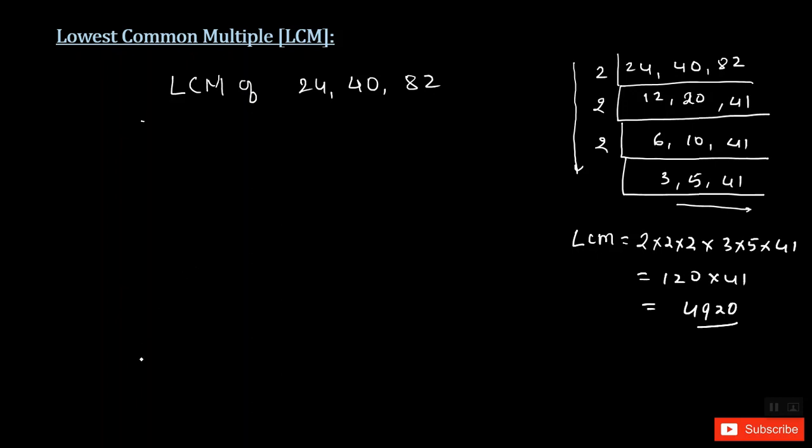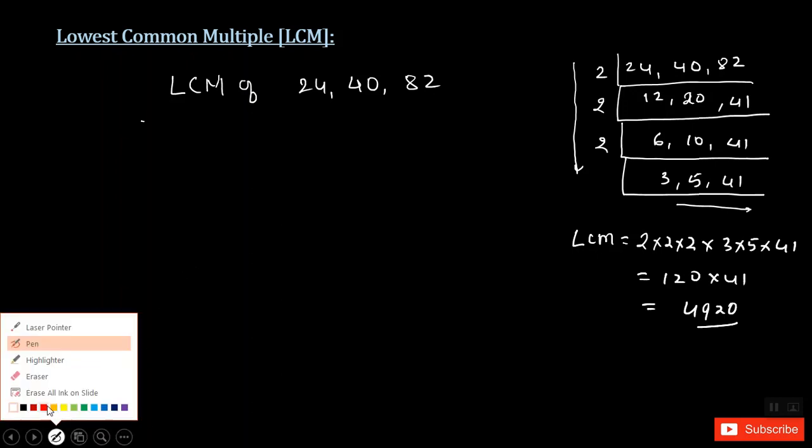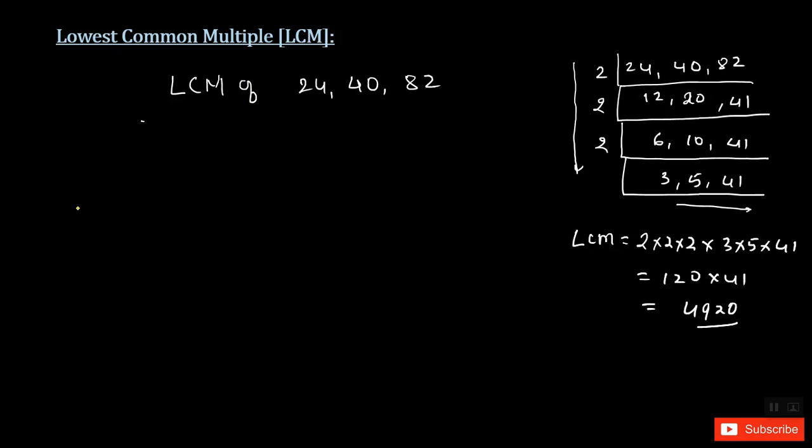Right, let's take another example. Find the LCM of 9, 21 and 45. The same approach: 9, 21, 45.